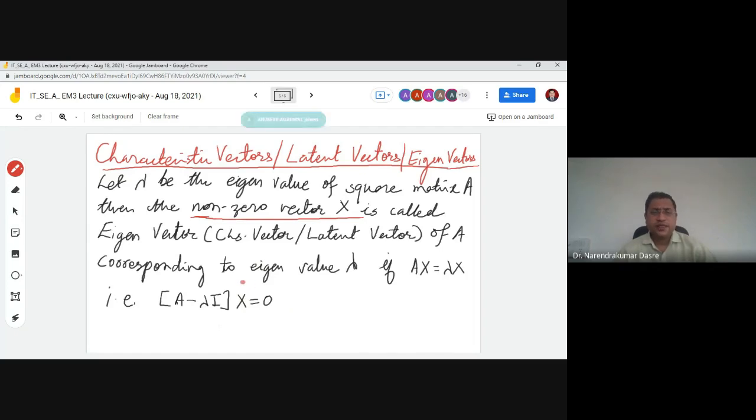That means this x is the solution of this homogeneous system of linear equations, and hence this is going to be the eigenvector. Is there any doubt in the definition of eigenvector? No, sir. Okay, all of you got the definition? Yes, sir. That's good.